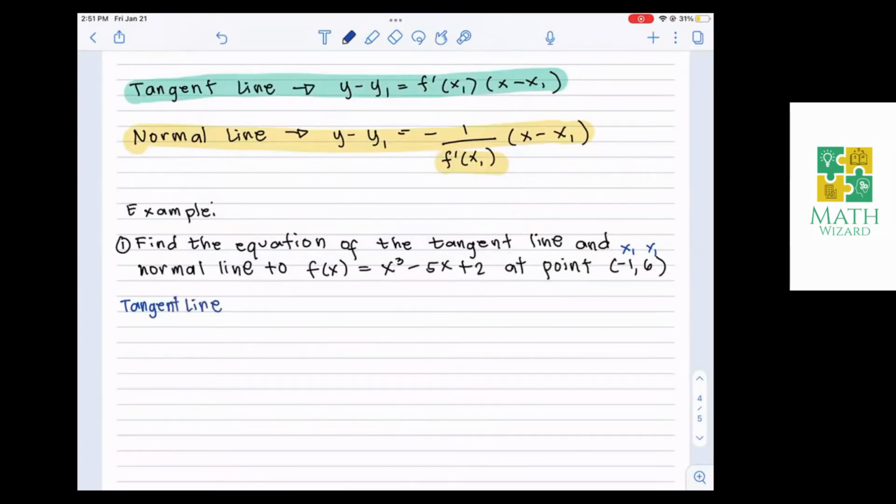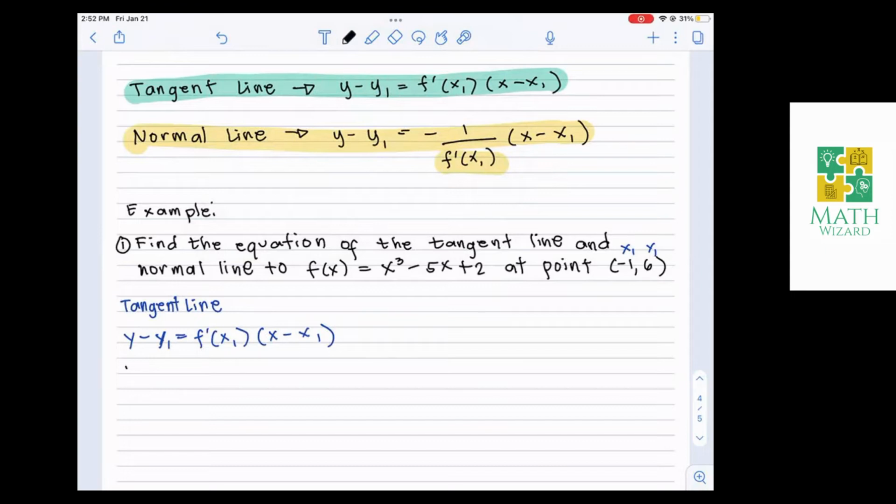Tangent line. At ang formula natin is y minus the y of 1 is equal to the derivative of the f of x. Substitute natin si x of 1 multiplied to the x minus x of 1. So let's solve. Solve natin. Ang x of 1 natin is negative 1 and ang y of 1 natin ay 6.